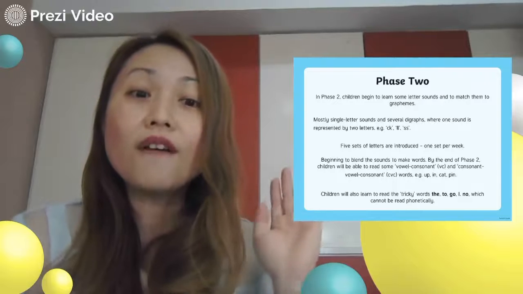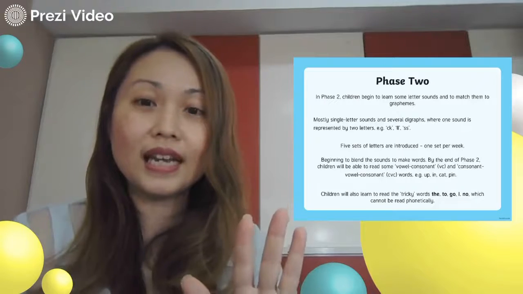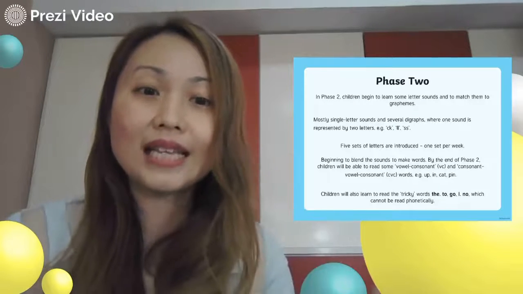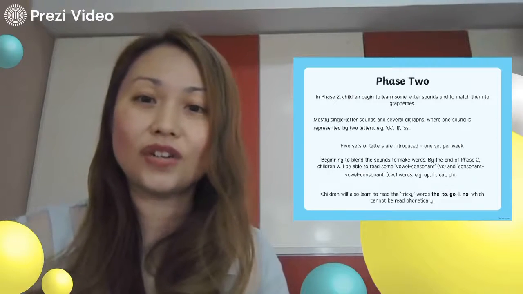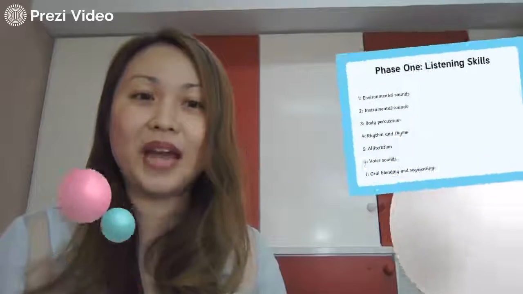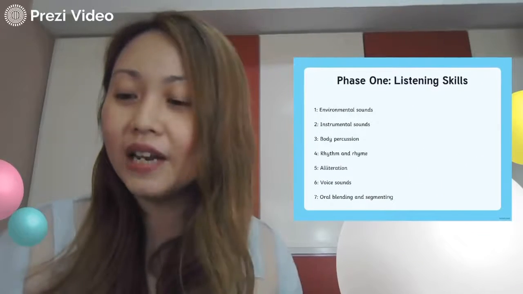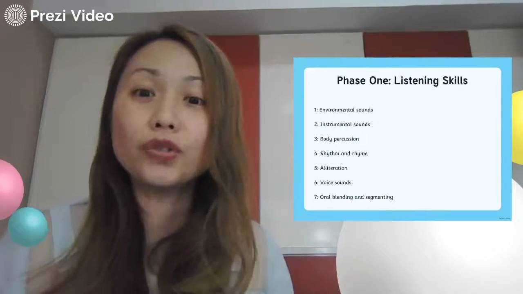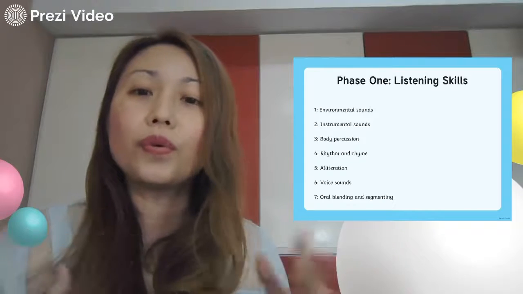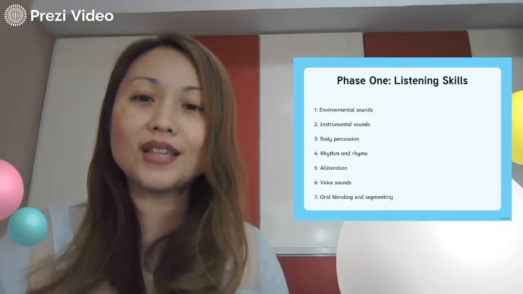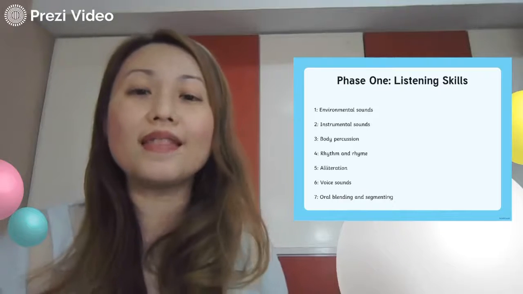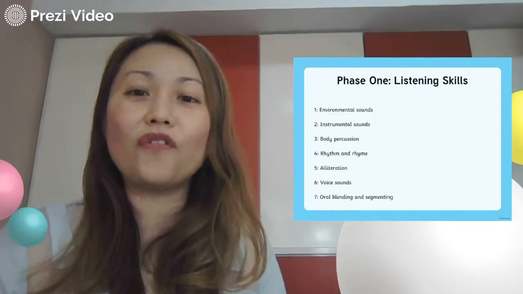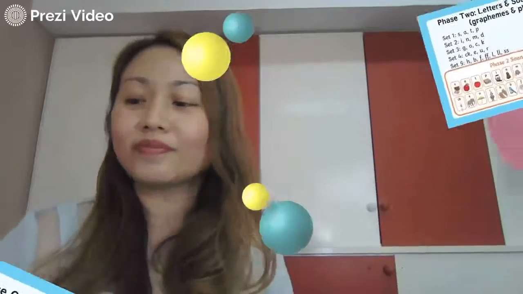We're going to start with 5 sets of letters over 5 weeks, and they will learn 19 representations of these letters. If you remember, in phase 1, your students went through 7 aspects of listening skills. Hopefully they'll build on that and then proceed on to phase 2.